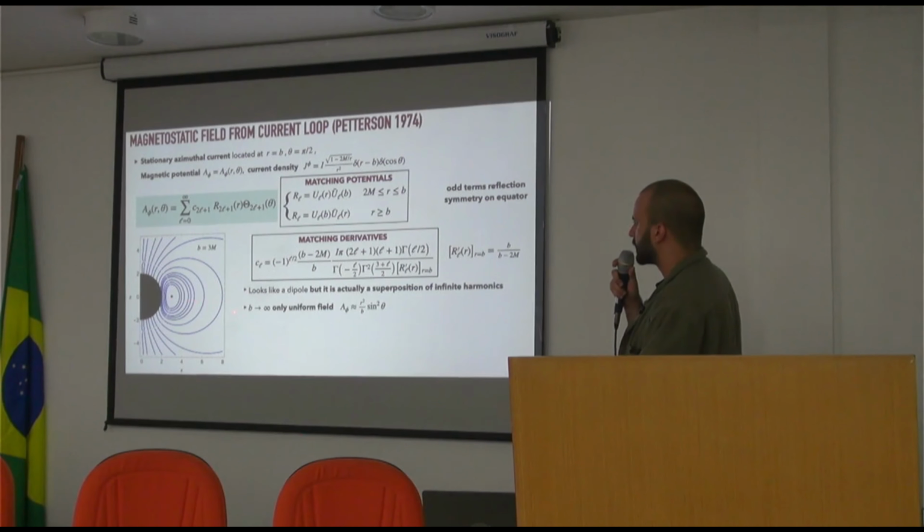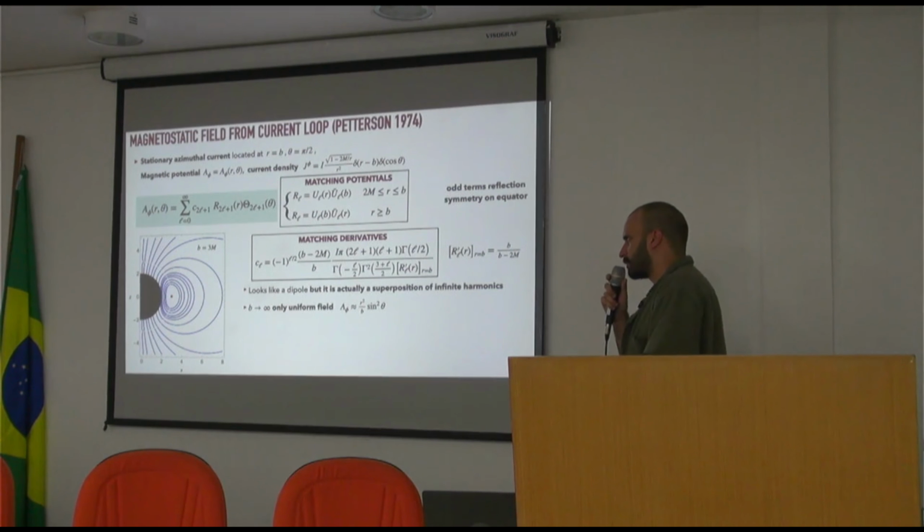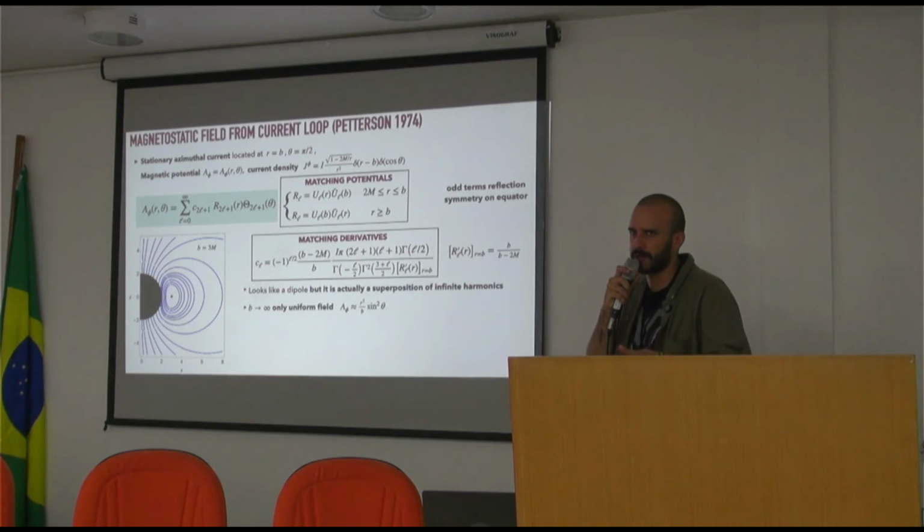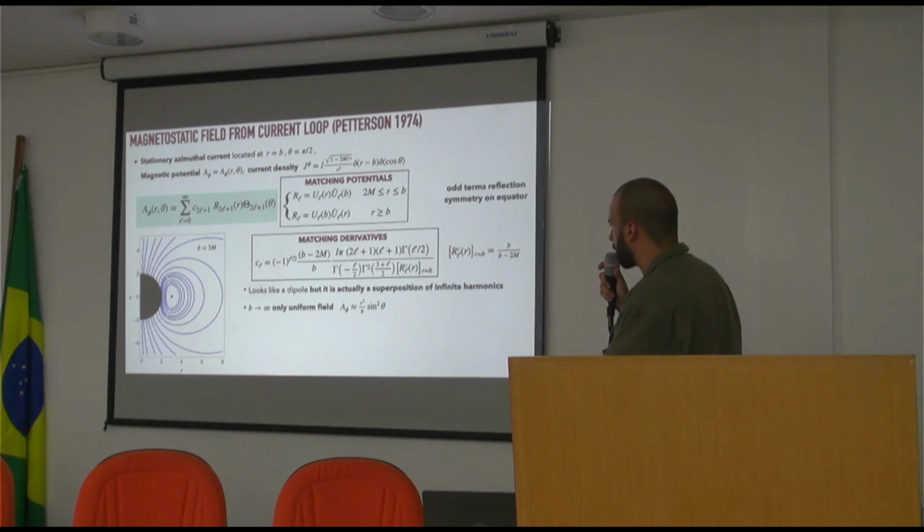Moreover, if we send B, so the position of the current, this red point, to infinity, what we obtain is that basically only the first harmonic remains, and we have a black hole immersed in an external uniform magnetic field, which is what we expect, because a current pushed at infinity will generate a uniform magnetic field.